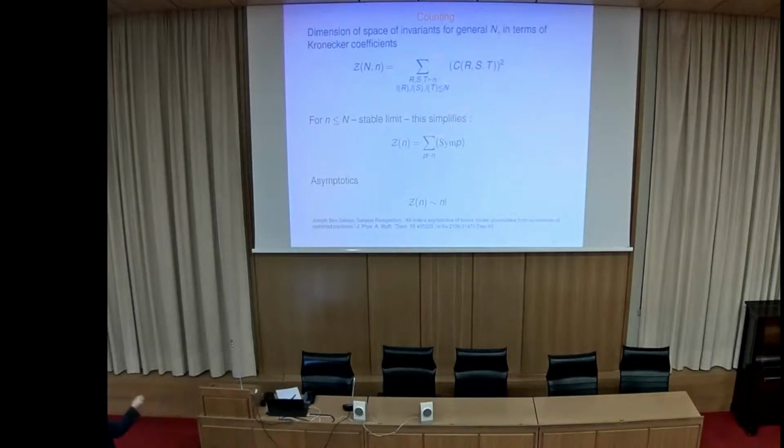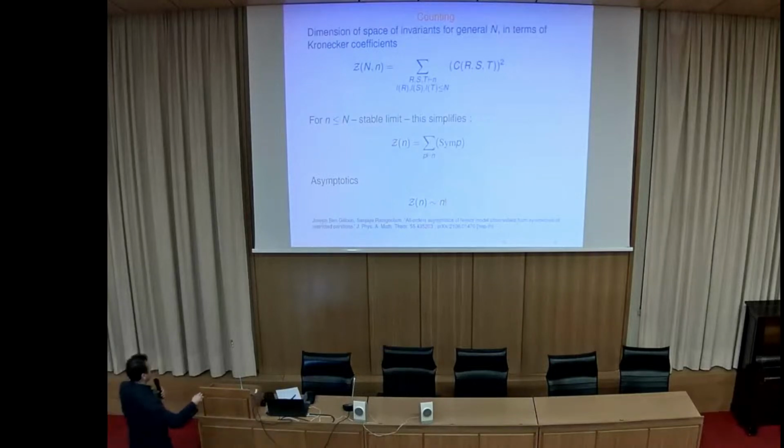So there's a group theory formula for this. There's a large n asymptotic as well, which is n factorial, or k factorial in my notation from before. Again, k log k type behavior.